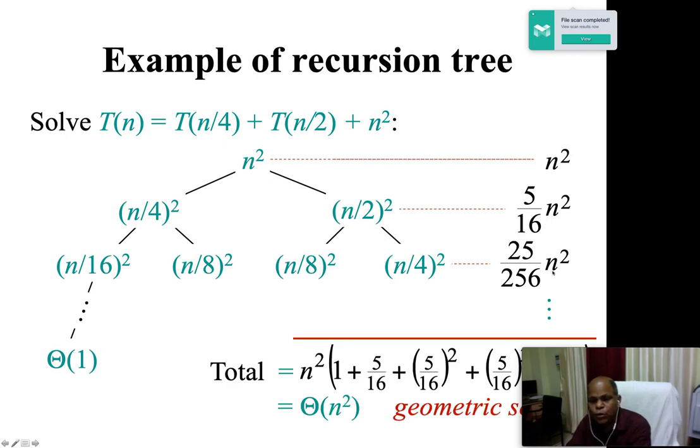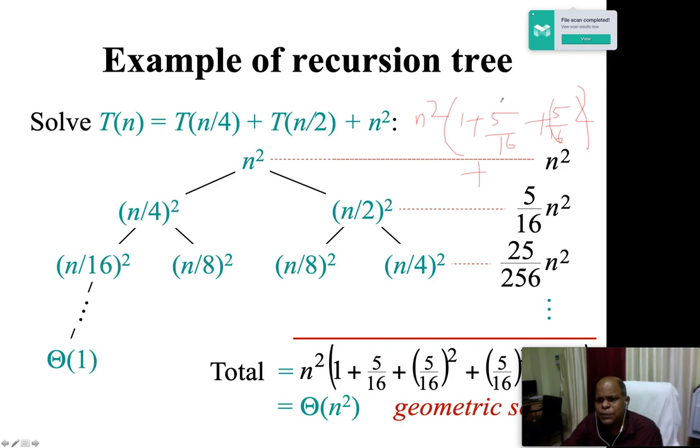Like this, if you go on adding, the final total addition will be n square times (1 plus 5 by 16, plus 5 by 16 whole square, and like this).